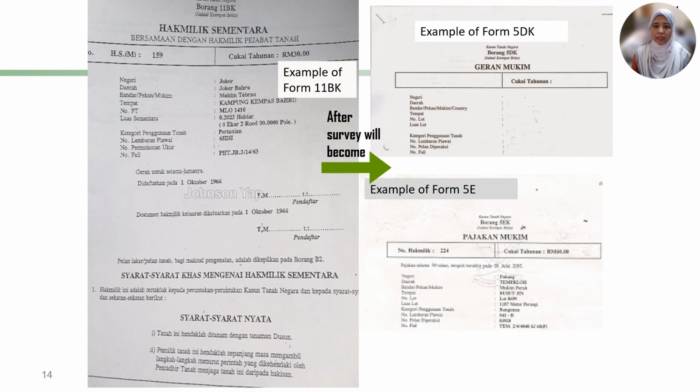Upon survey, it will become 5DK and 5EK. For the freehold, geran mukim, the form is 5DK. But for the leasehold pajakan mukim, the form is 5E. Again, you can freeze this slide to familiarize yourself with the titles.